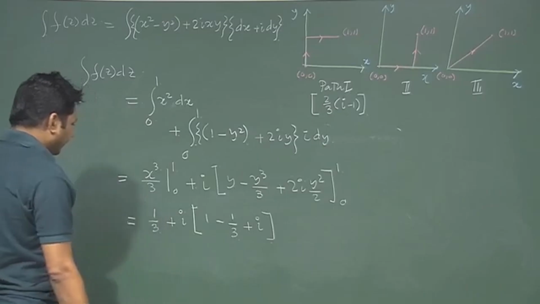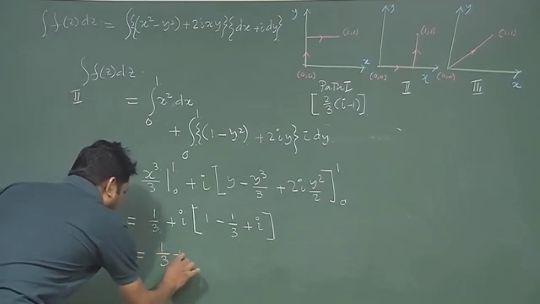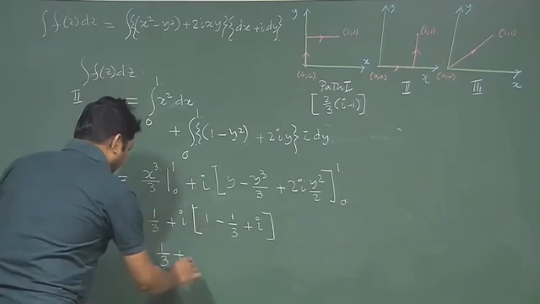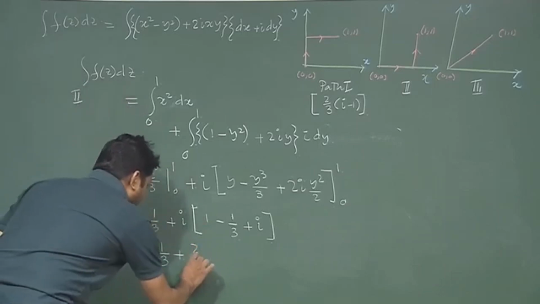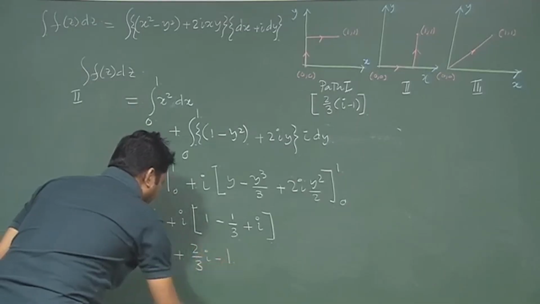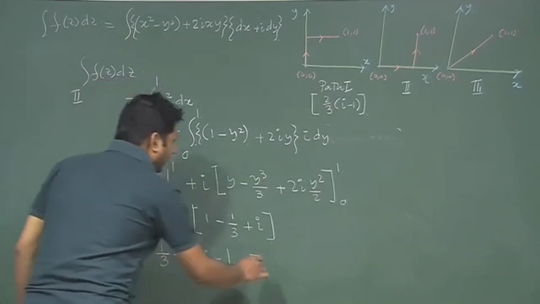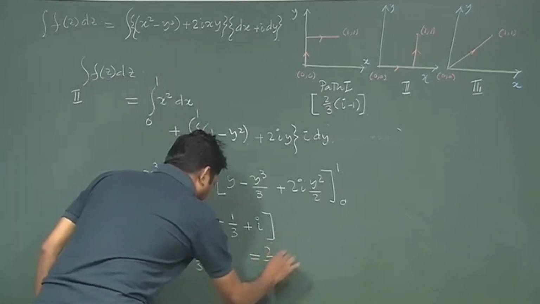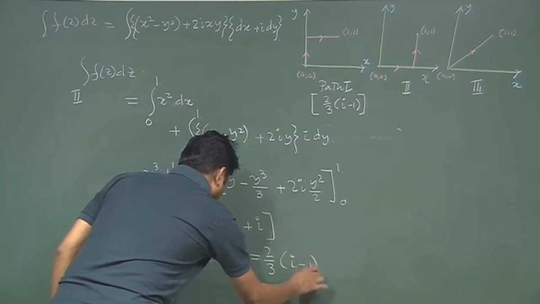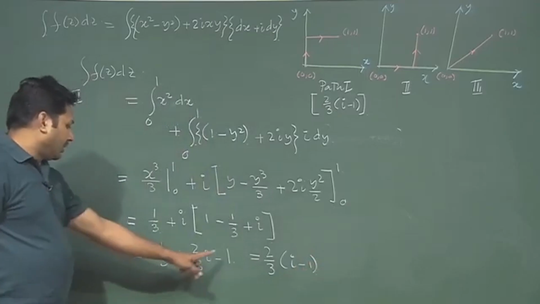This quantity, if I evaluate, is 1 by 3 plus 2 by 3 i minus 1, which is equal to 2 by 3 i minus 1, since 1 by 3 minus 1 gives you minus 2 by 3.